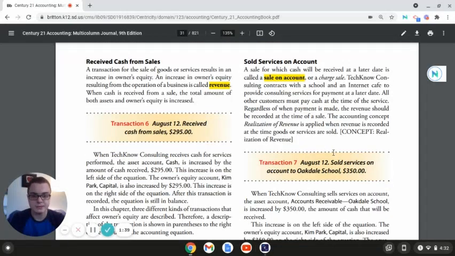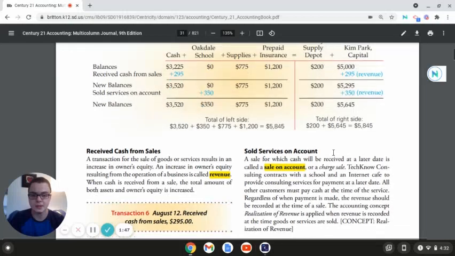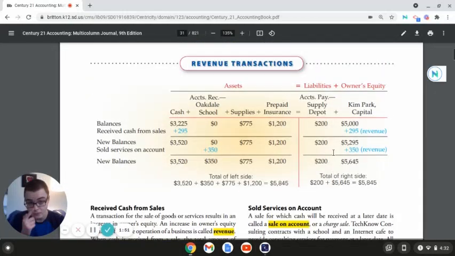Transaction number 7 reads, on August 12th, sold services on account to Oakdale School, $350. All right, so when we sell something, sell is another word for sale. So when we sold services on account, we sold them to Oakdale Schools. So Oakdale Schools got increased.